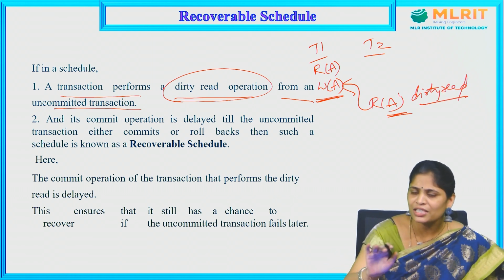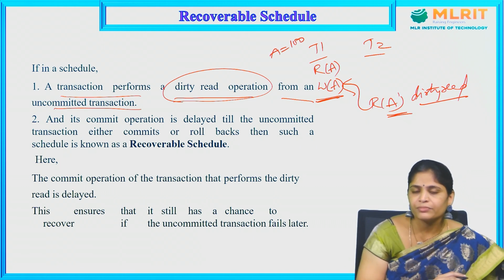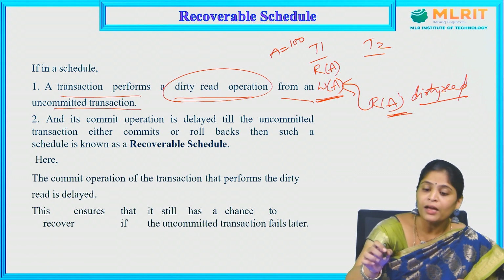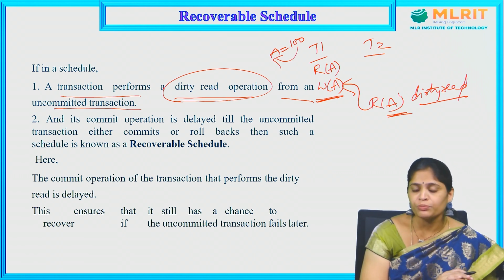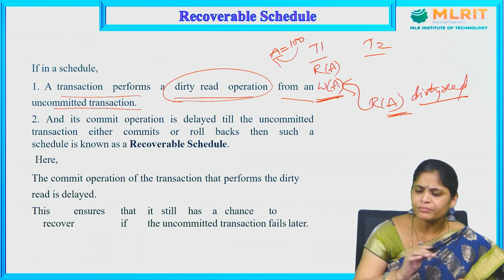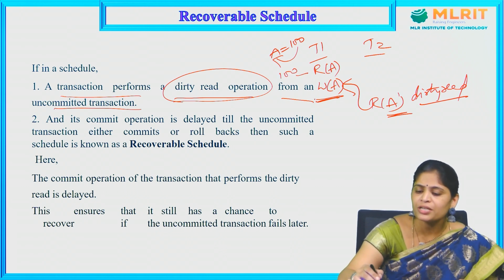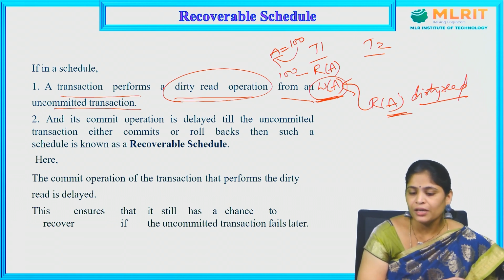Let us deal with this with an example. For example, A is equal to 100. The value of item A in the database, let us assume, is 100. Here I am reading this 100. Next, the operation I am going to perform is a write operation. What is write?